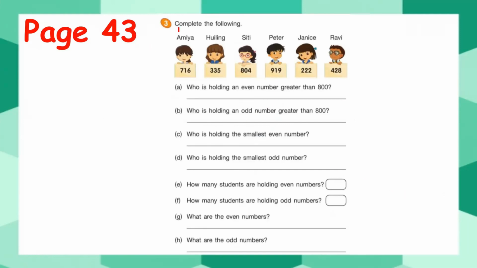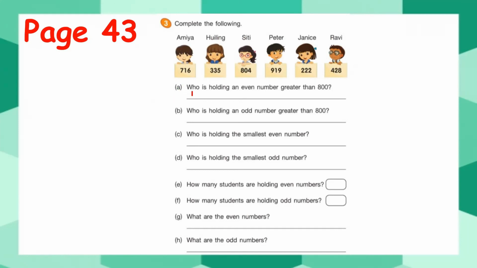Exercise 3, complete the following. Okay, so we have here Amia, Hoiling, Siti, Peter, Janice, and Ravi. They are holding numbers. Okay, so let's identify who holds odd numbers and even numbers.